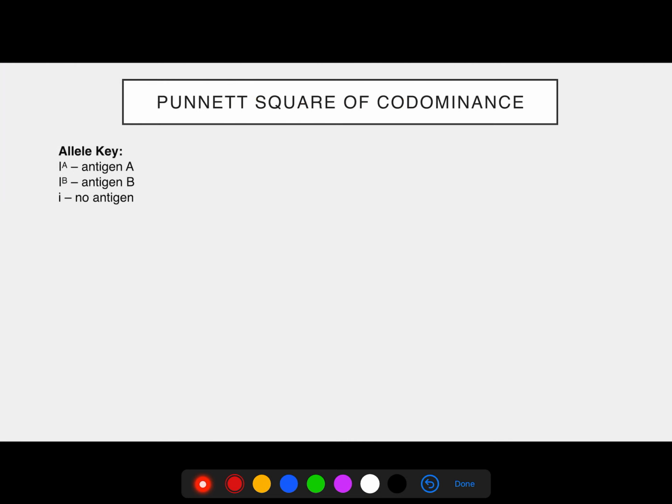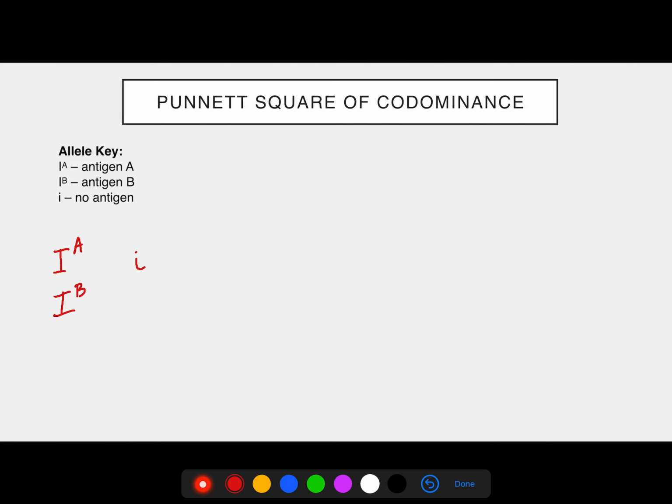So let's try this. Now, whenever we do Punnett squares using blood type, we tend to write it a little weird. With the presence of a gene, we put I, and for the absence of one, we put a lowercase i. If there's a capital A, we put it as a subscript, capital B, subscript, and the lowercase i means you don't have that particular allele.